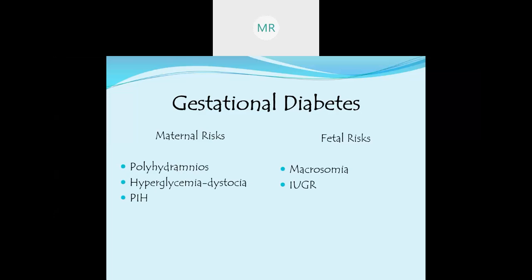Also with more of the fetal risk, it could be respiratory distress syndrome, prematurity, neural tube defects, and diabetes does carry a high risk for congenital anomalies. Okay, high sugar levels as this baby is developing in utero does carry a high risk for congenital anomalies.